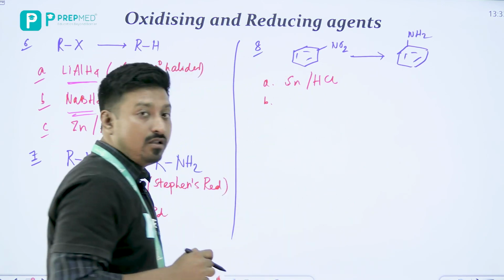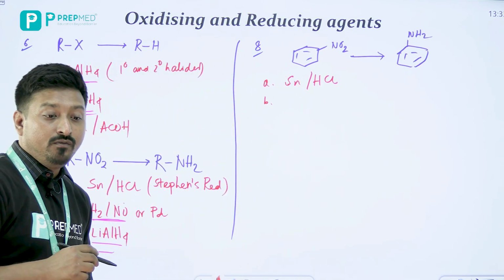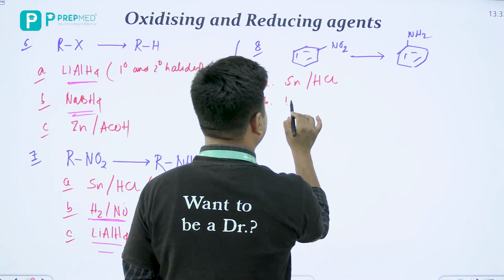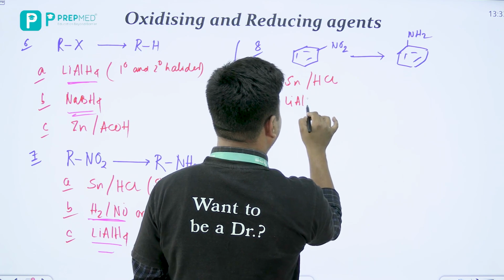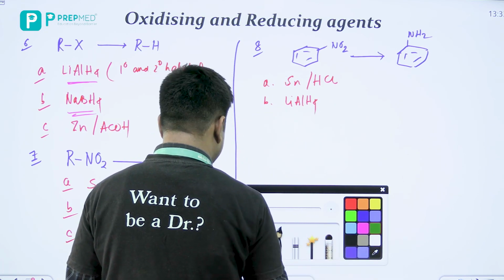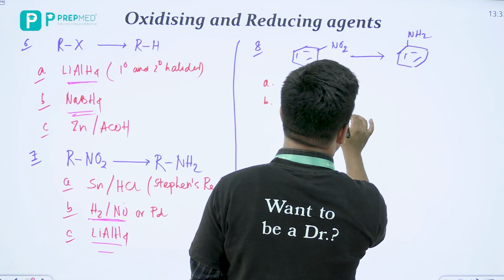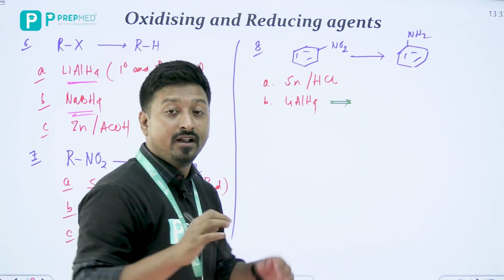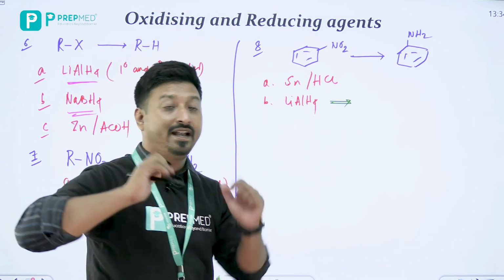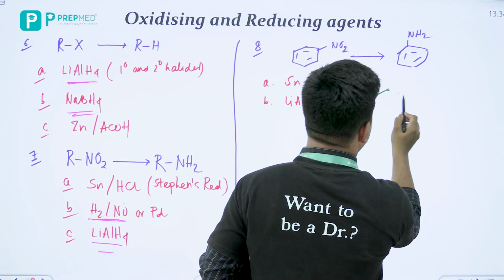What else can we incorporate here? We can also incorporate lithium aluminum hydride. But beta, remember one thing, एक problem हो जाता है यहाँ पे. Whenever you add lithium aluminum hydride, the nitro group, although it gets reduced, the problem is that it actually forms this kind of compound.